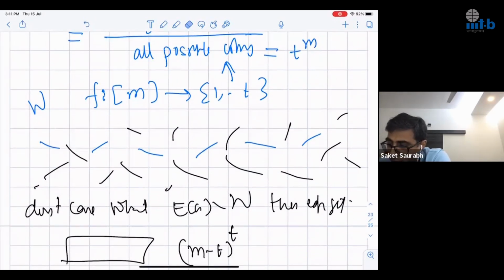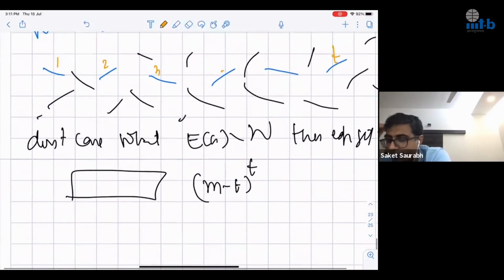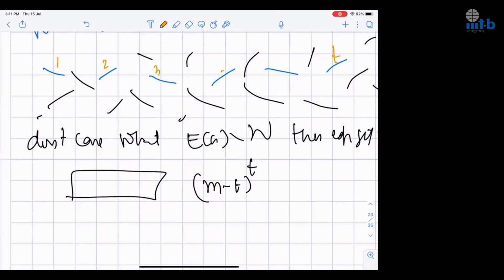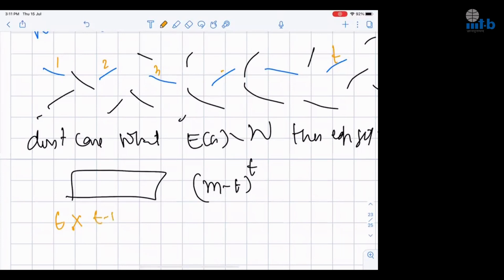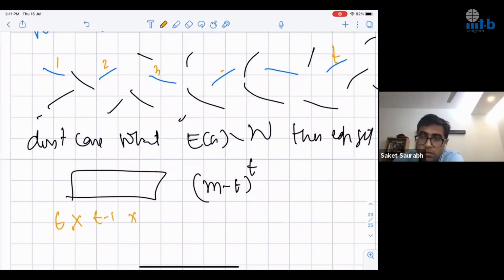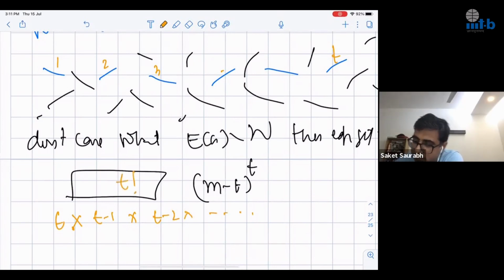Suppose this is edge 1, 2, 3, up to T. How many choices do we have for the color of edge 1? T. For edge 2? T minus 1. For edge 3? T minus 2, and so on. So this is T factorial.